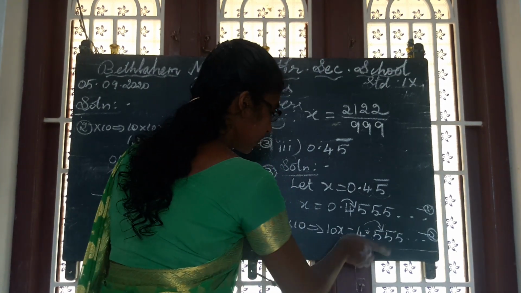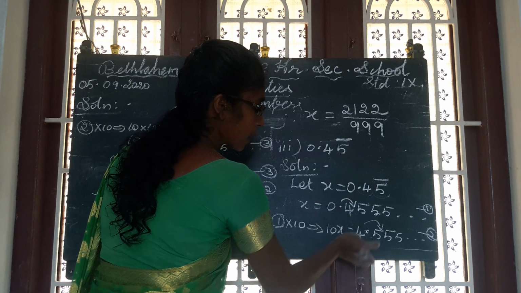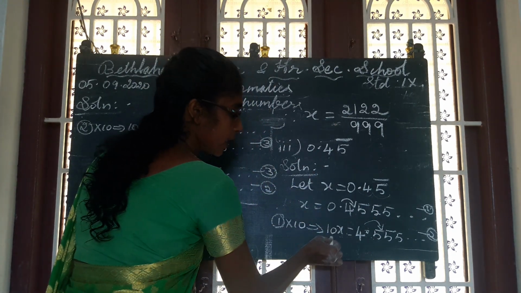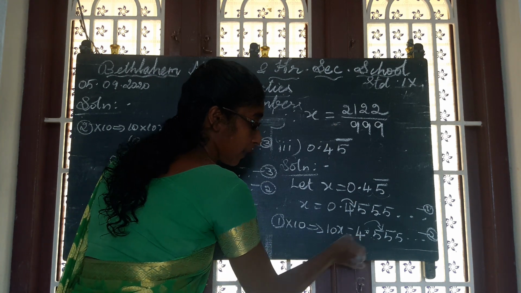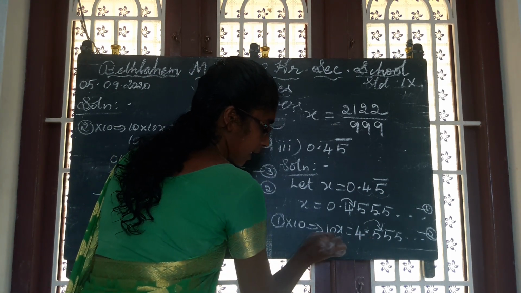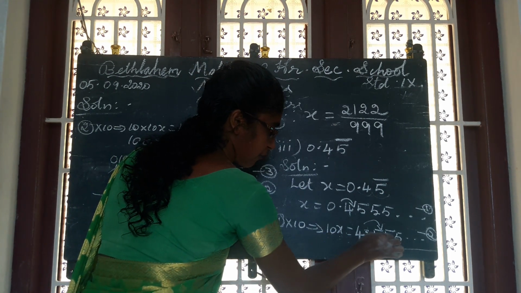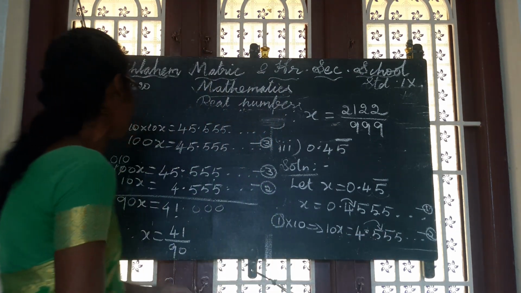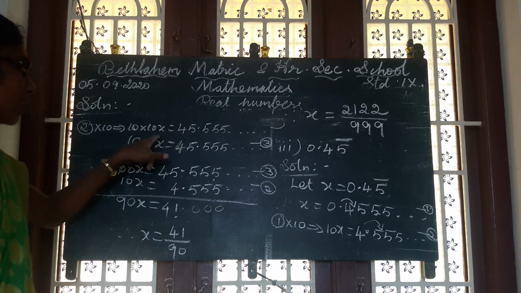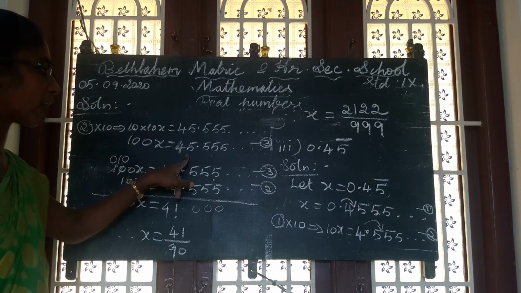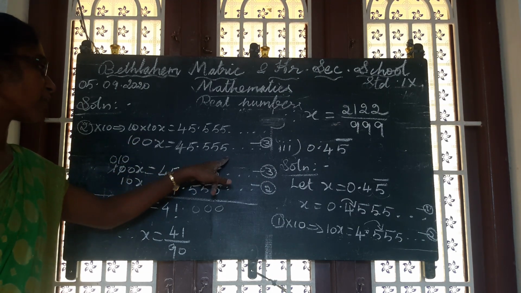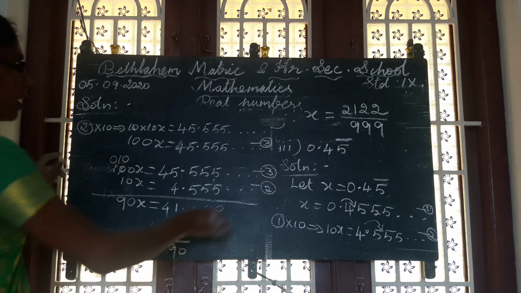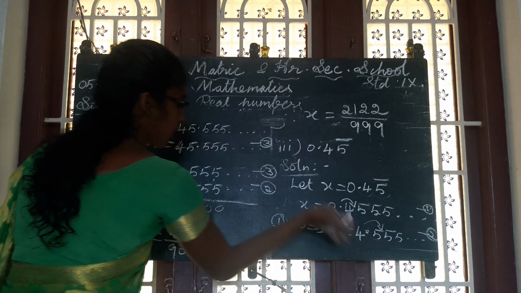Next digit onwards it is repeating. So, there is only one digit repeating. So, in this equation 2 you want to multiply by 10. After 10x is equal to 4.555, it is repeating. So, 10 into 10x means 100x is equal to 45.555, etc. Then equation 3 minus equation 2.